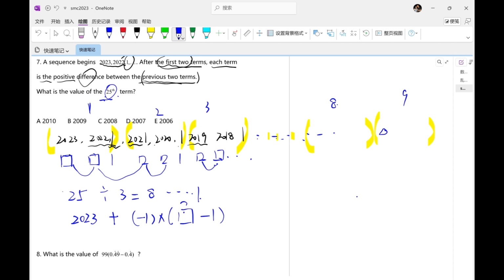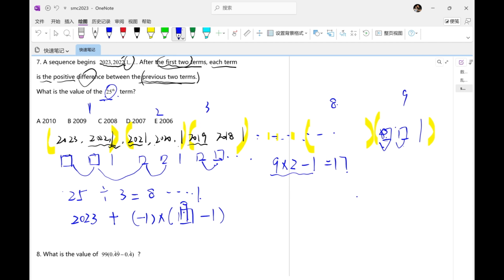It is in group 9, which means it is 9 times 2 minus 1. It is 17.